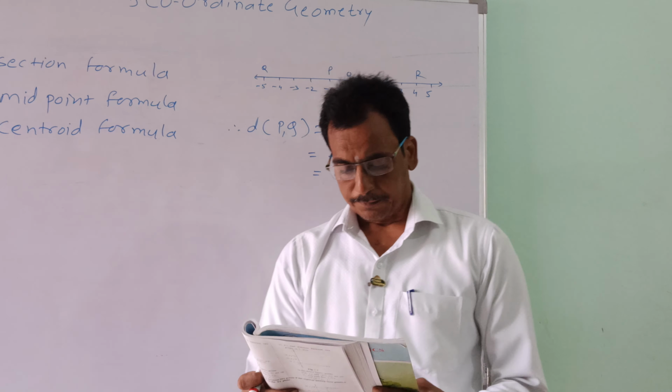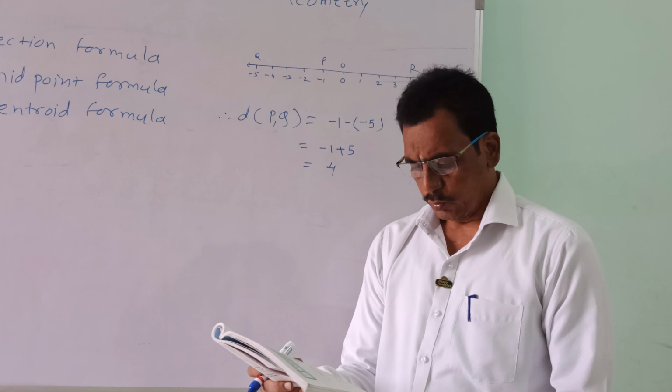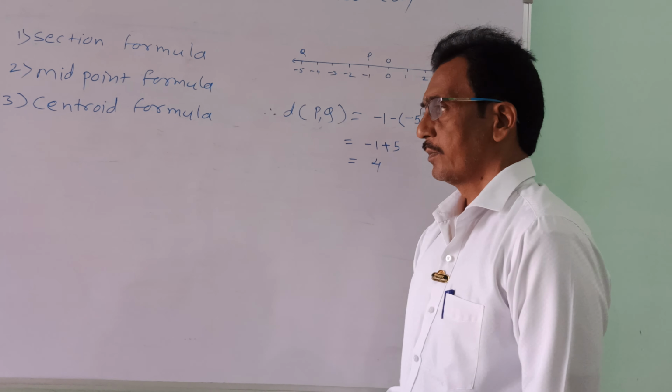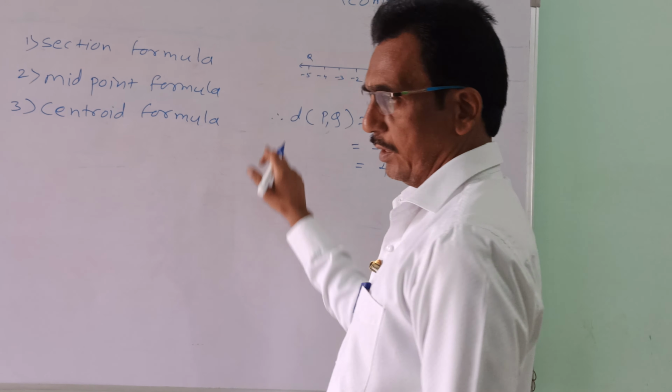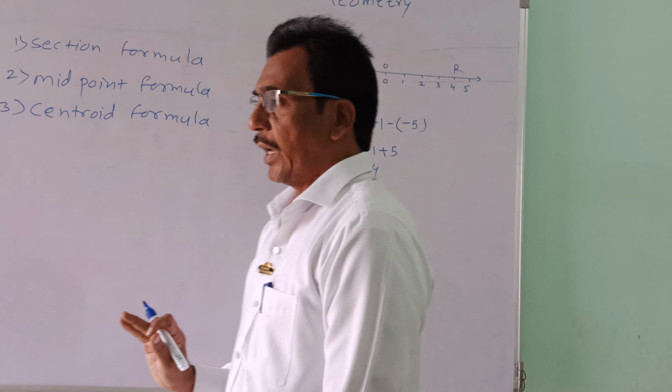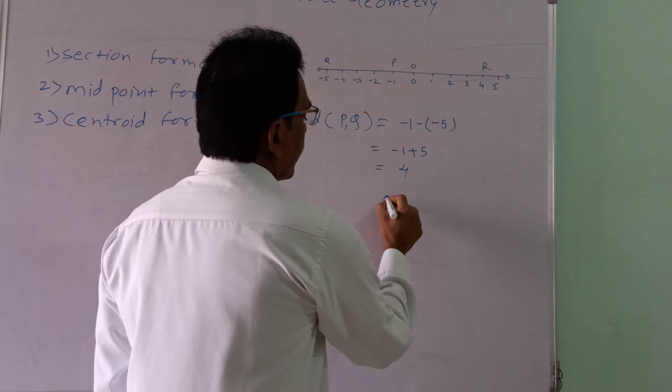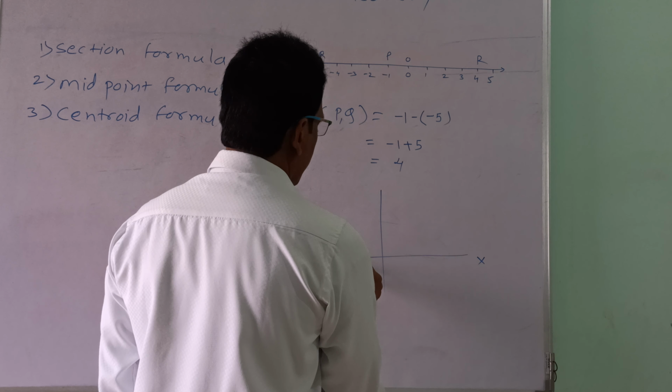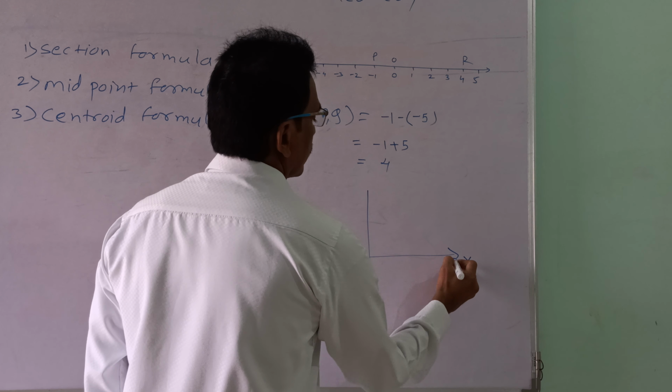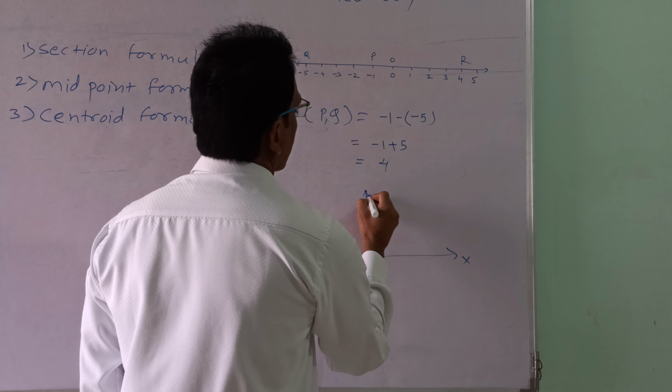You know this. Now 2 points on the x-axis. Like this, we can find out the distance between any 2 points. Suppose this is the x-axis and this is the y-axis.